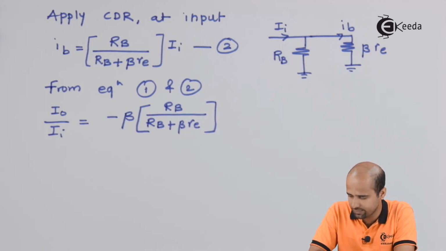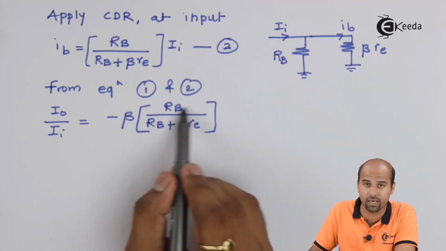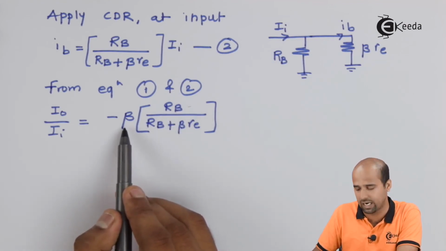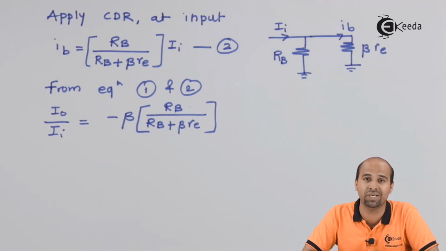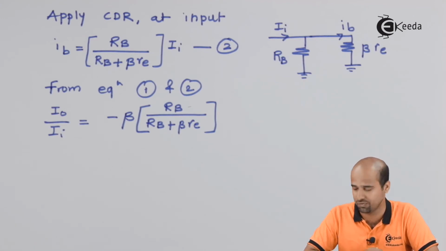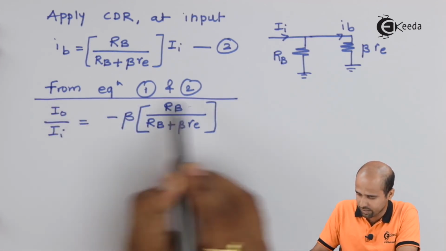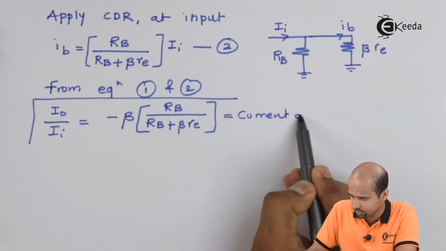Now if we consider the value of this is nearly same as that of RB, then your value will become minus of beta, and beta is the common emitter current gain. So it's a common emitter configuration, and here we have got the current gain, which is approximately in the form of beta only. So this is the exact value that we have got for your current gain. So we'll name this as current gain.